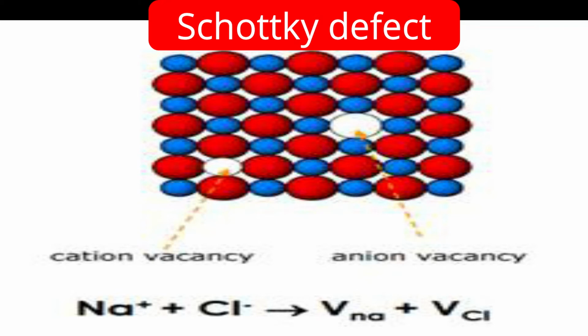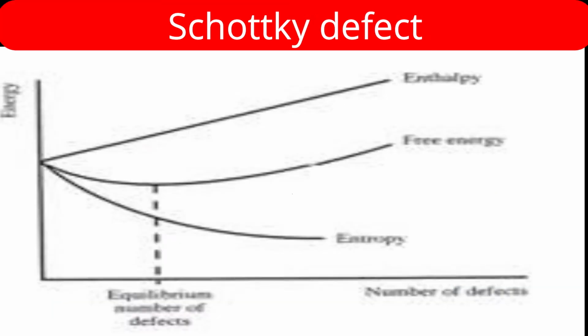If you have to represent it as a reaction, the sodium and chloride ions which were at their original site, because of their removal, because of their absence, voids are created, gaps are created, vacancies are created. So vacancy of sodium plus vacancy of chlorine will be the result of Schottky defect.